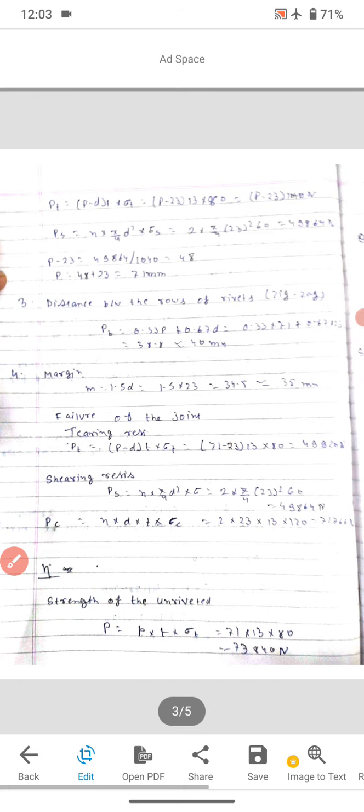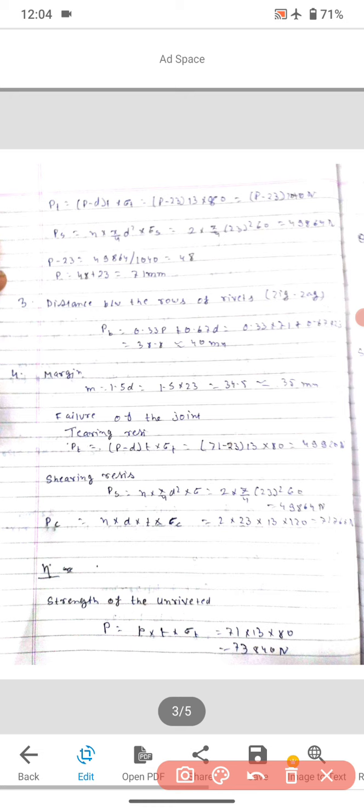Now Pt is equal to P minus d into t into sigma t. d you have already found out. P is the pitch, t is the thickness, and sigma t is the tensile stress. So P minus 23 from the data book, multiplied by 13 is given, into sigma t already given, and you may find P minus 23 multiplied by 1040 Newton.